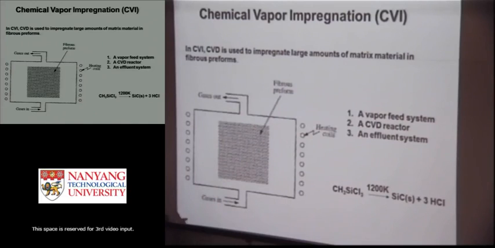This is a fiber preform. You have a lot of pores, the small molecules get inside and decompose, and then will become silicon carbide or silicon nitride, and you can fill in. So this should be easy. Typically, we have already touched on this method when we discussed how to make silicon carbide fiber. We use the same material, fill it in, and it will decompose and become silicon carbide.